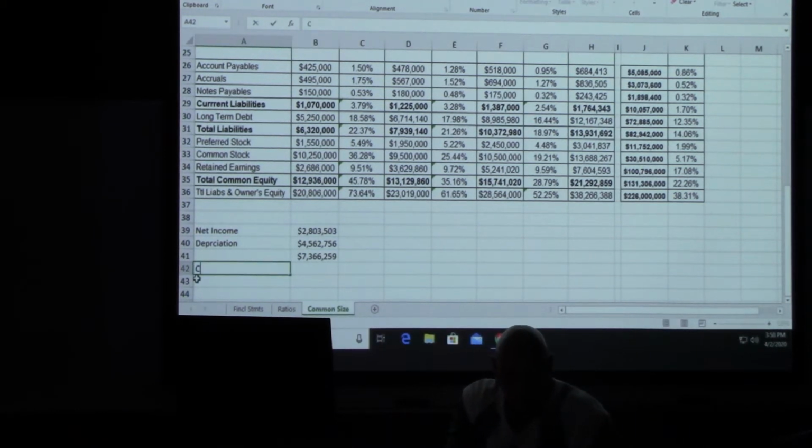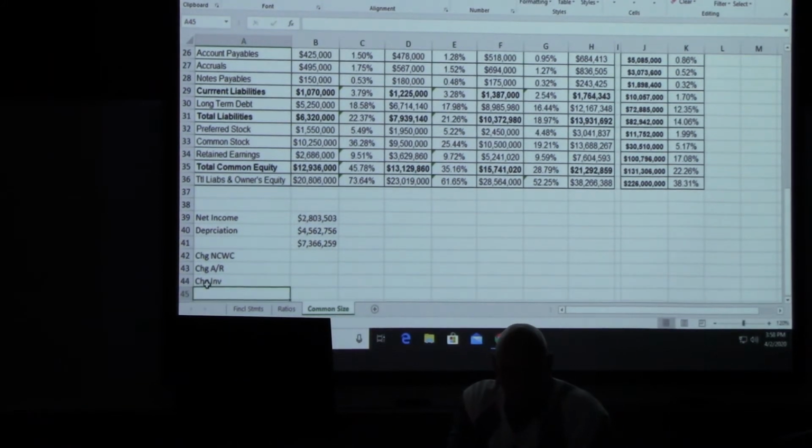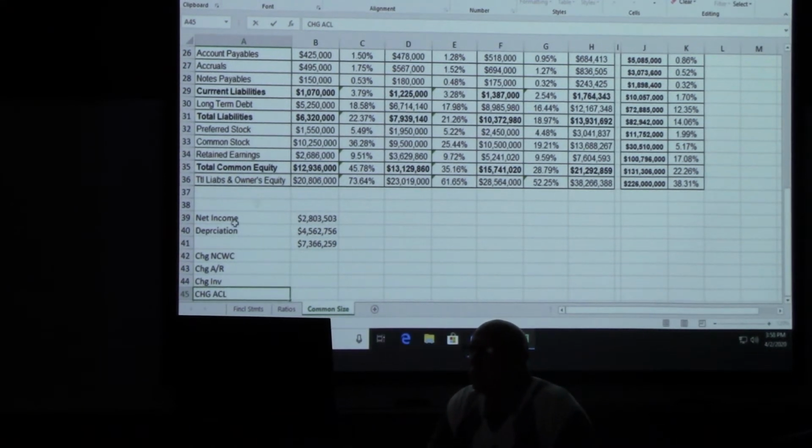Now we got the change in non-cash working capital, and that's going to be change in accounts receivable, change in inventory, and change in current liabilities, which is accounts payable, accruals, and notes payable.